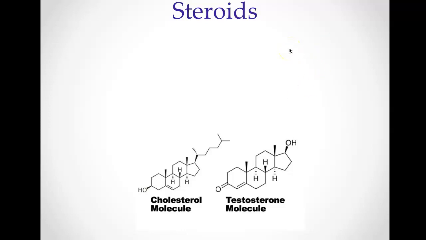So as you can see here, this molecule looks very different than the other ones that we've talked about. We don't see any fatty acid chains. We don't really see a whole lot of hydrocarbon going on here. And students tend to get a little bit confused, especially those that don't have quite as much chemistry experience. What I want you to know is when you see a ring with no letters, it's a hydrocarbon.